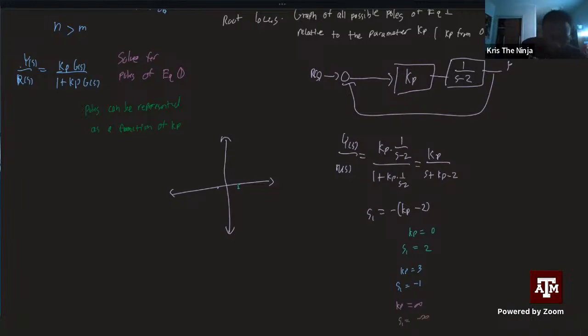So we know that the whole time, as Kp increases, s1 is going to be going this way, infinitely decreasing.